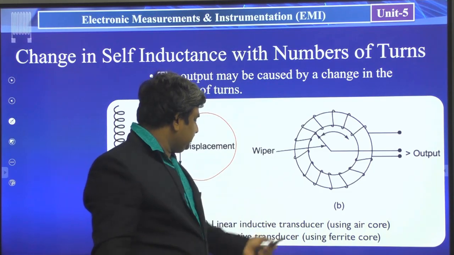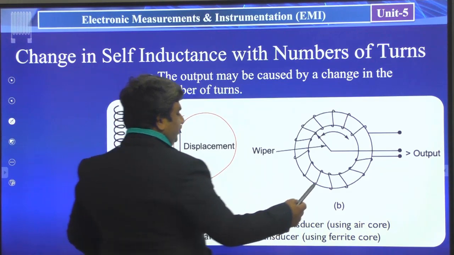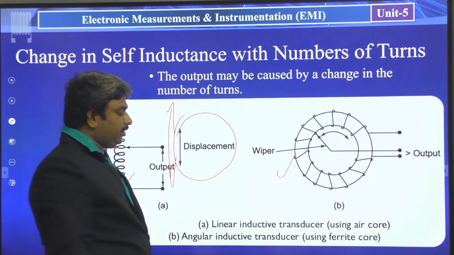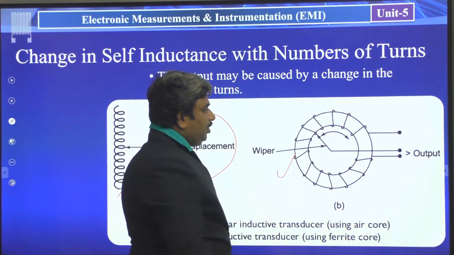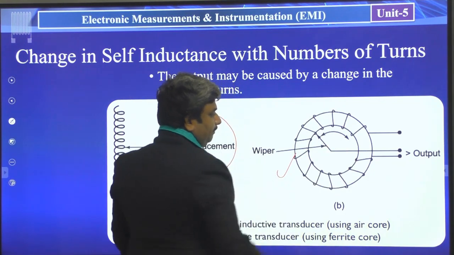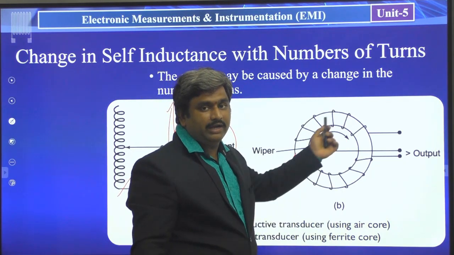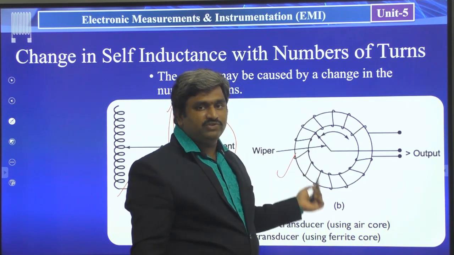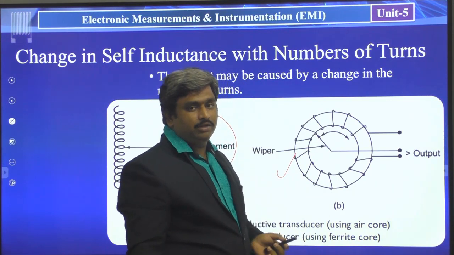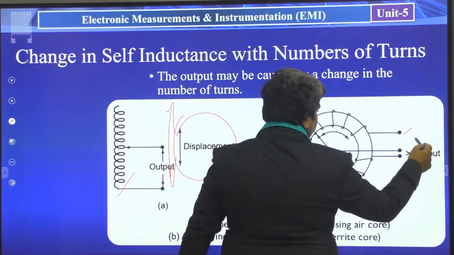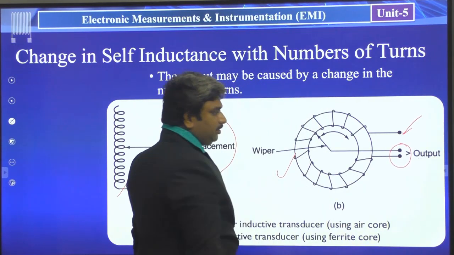And this is the second one, the angular or rotational inductive type transducer. Here we take a ferrite core. The conductor is in the form of a circle, and on this circular conductor I have placed the turns. On one side I give the power supply, and at these two terminals I take the output.